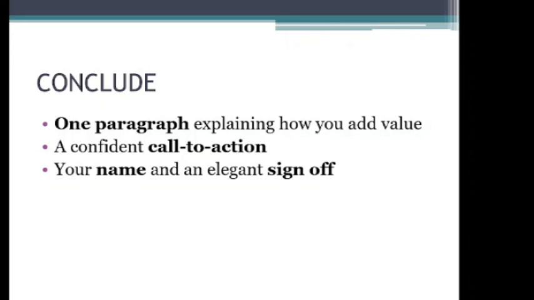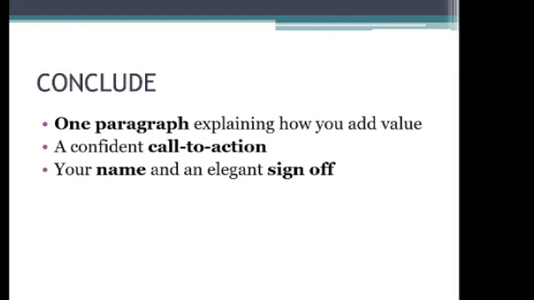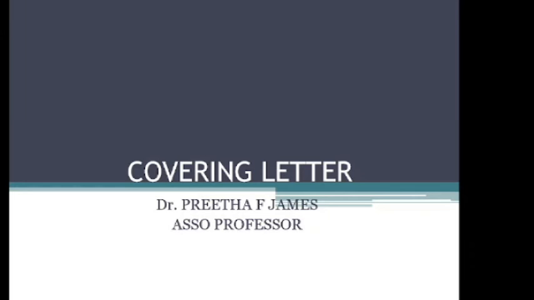In the beginning of the paragraph we have seen that you can mention excitement or achievement or something that you have had contact with before. Or you can mention it as a conclusion, that is call to action, and then you can sign off. So these are the various ways how you can write a covering letter.